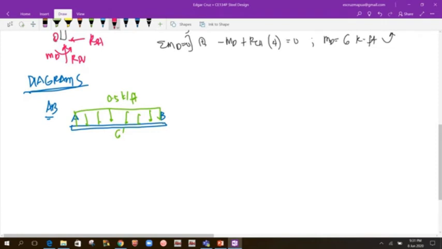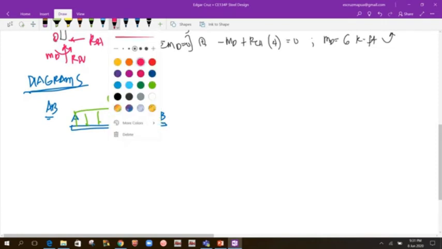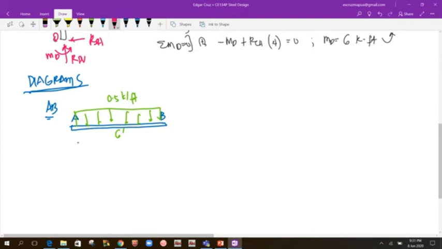So di bali, ito yun 1.5 tapos may 1.5 ito yung 8 compression yung 8. Okay, so let us draw the diagram.